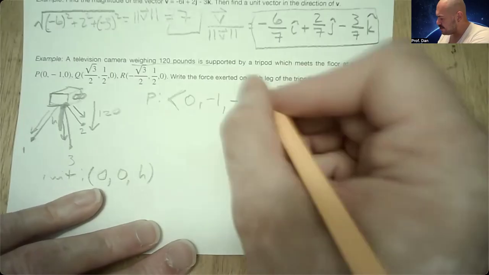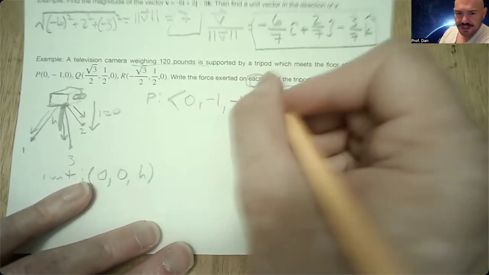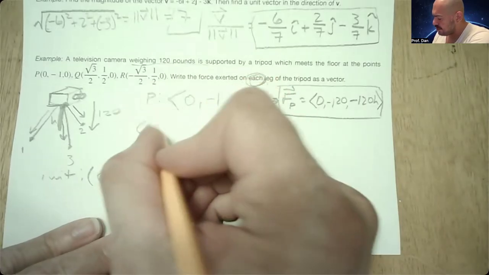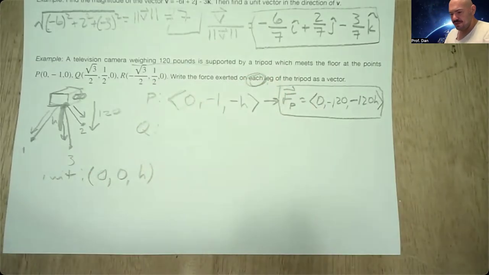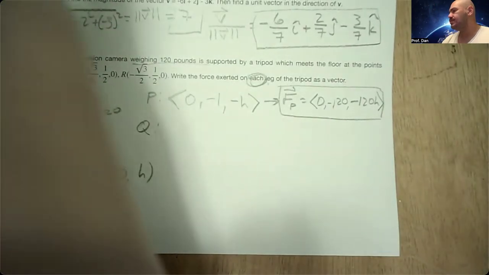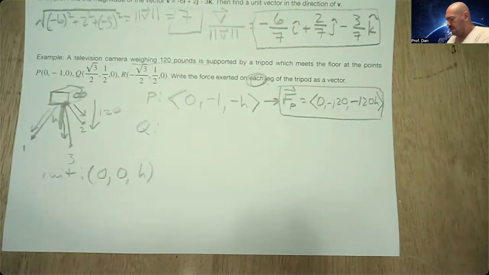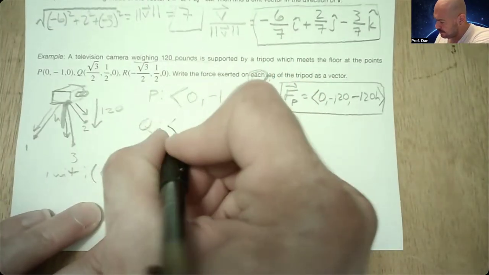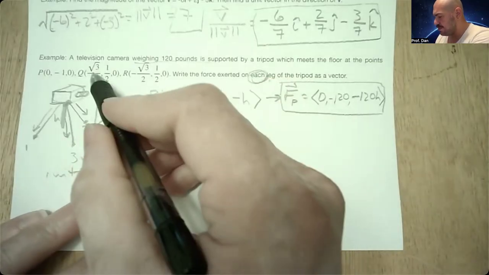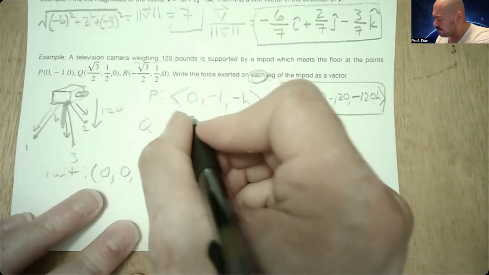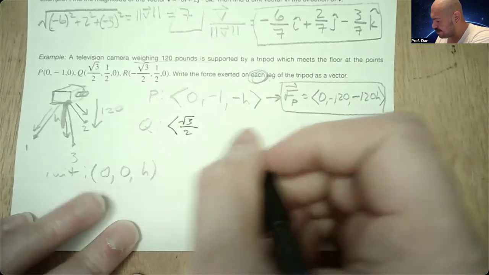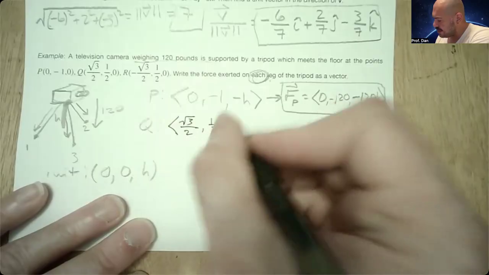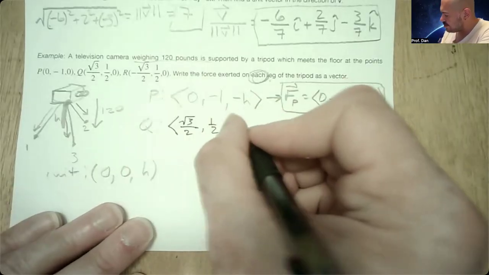Now, since this question specifically says each leg, I should probably do it for Q and for R as well. So for Q, final minus initial: square root of 3 over 2 minus 0, 1/2 minus 0, and 0 minus h.